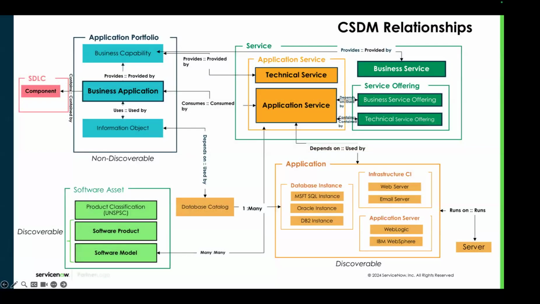Yeah, we basically go through all the CSDM logical CIs, how they relate to individual infrastructure CIs, and reference foundational data. To make that happen, we need to build relationships using the CSDM relationships, basically pre-described by ServiceNow.